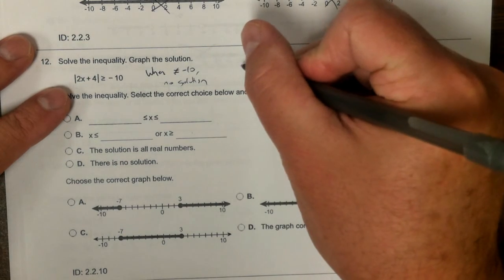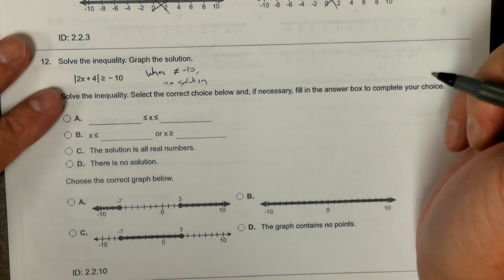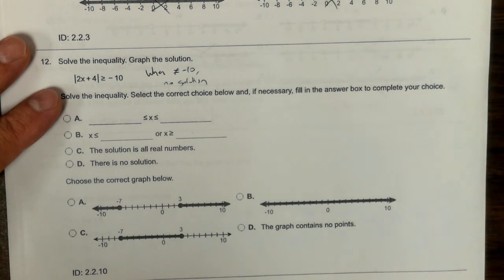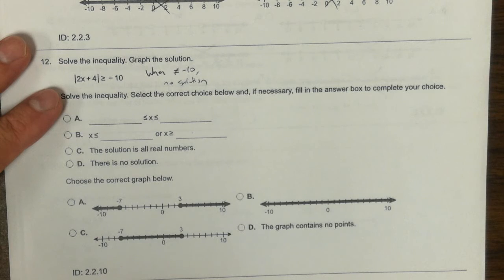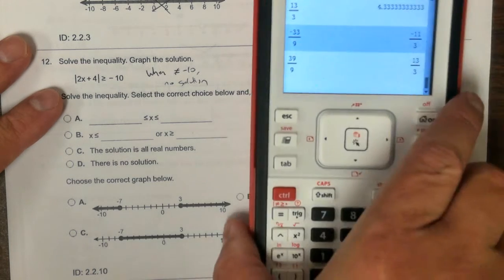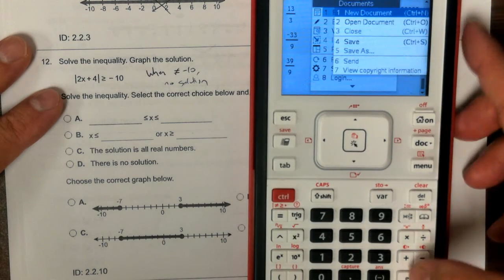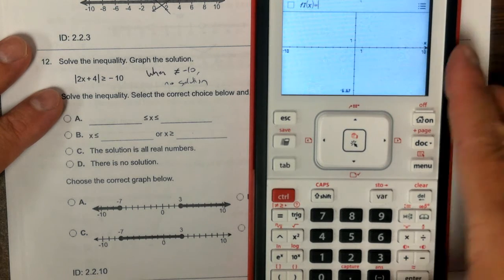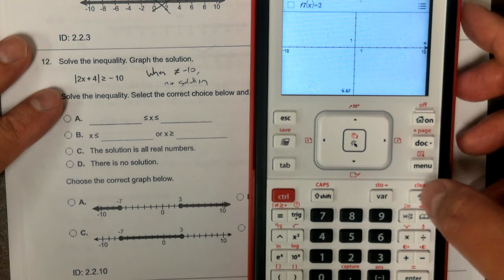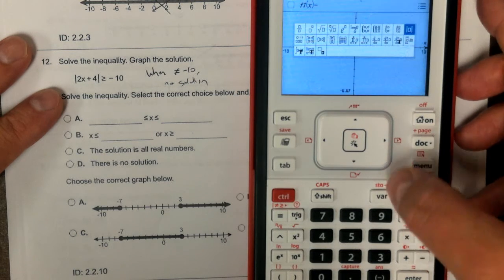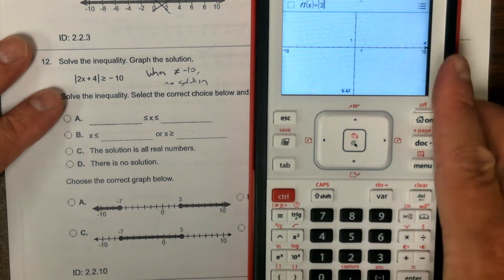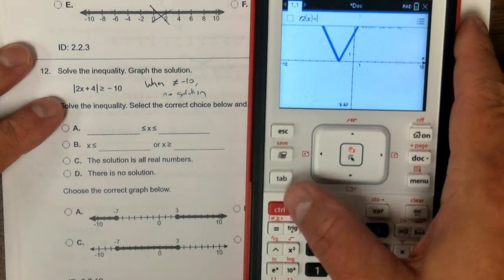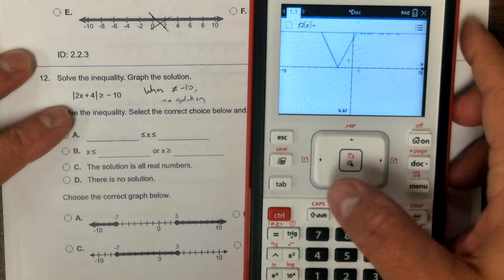So here we have absolute value 2x plus 4, and then I'm going to put negative 10.